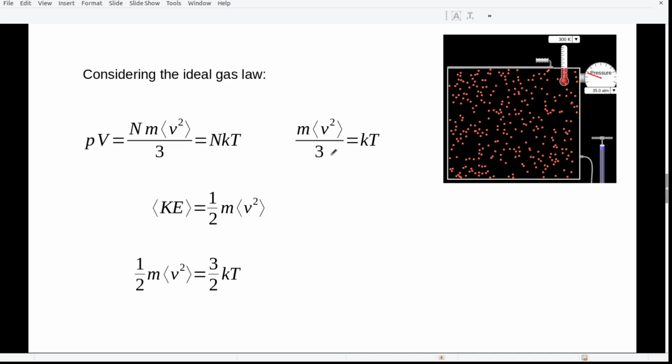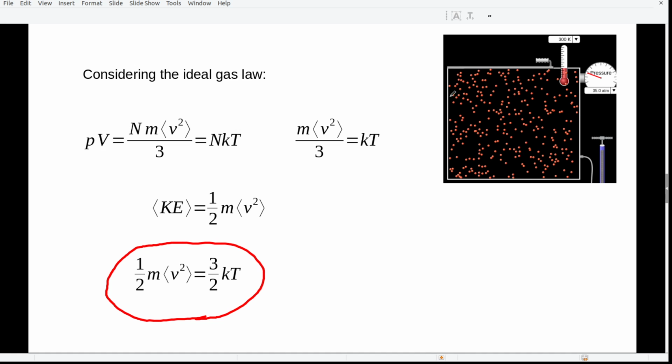We have this now, but we want to get it in terms of that. So what do we do? Well, just look over here, move a 3 onto this side and divide by 2, and then you get that. This is the relationship between kinetic energy and temperature.